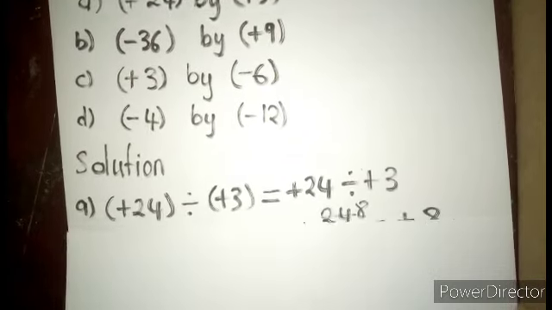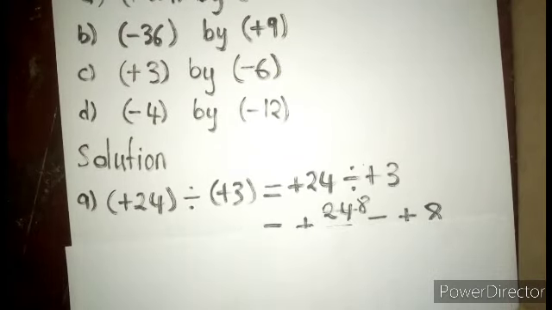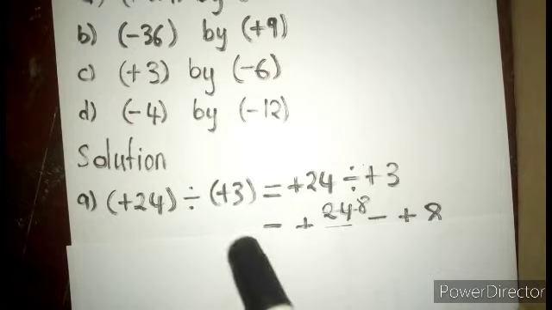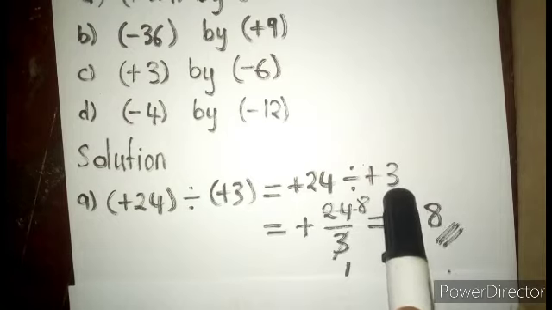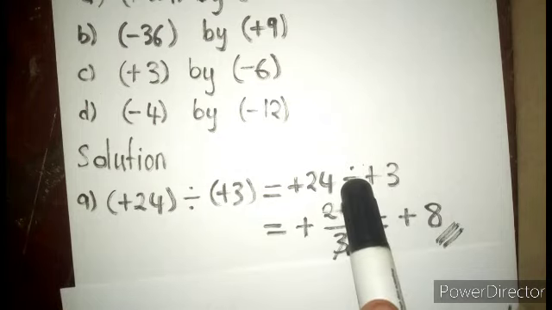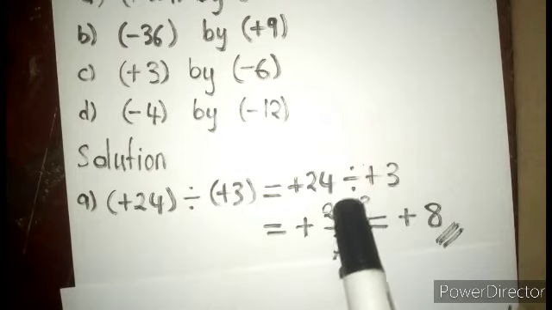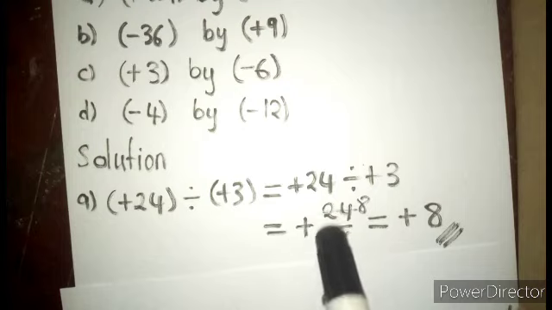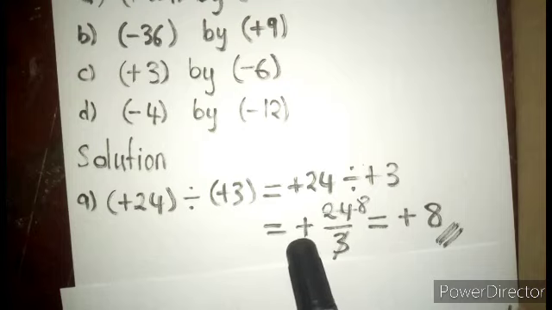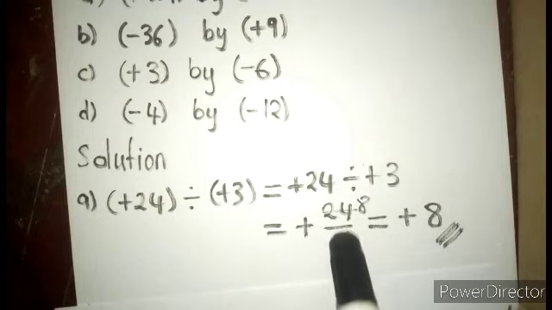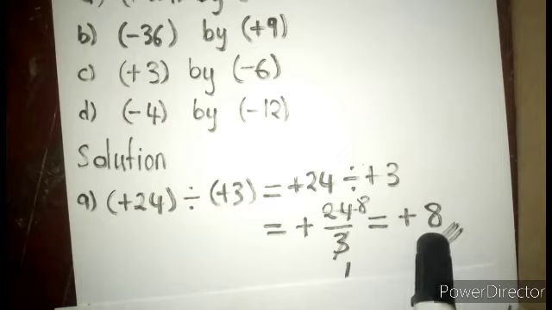You notice that plus 24 divided by plus 3 is literally plus 24 divided by plus 3. If you remove the bracket, division can be written in fractional form as plus 24 over 3. Why is it plus here? Because plus divided by plus is plus. So 24 over 3, 3 goes into 3 one time, into 24 eight times, so we have positive 8.